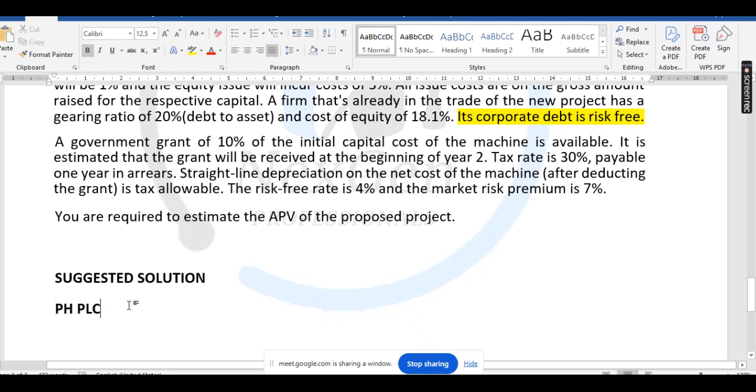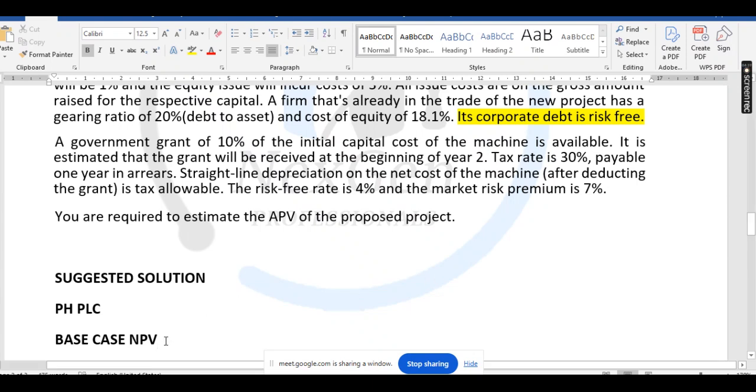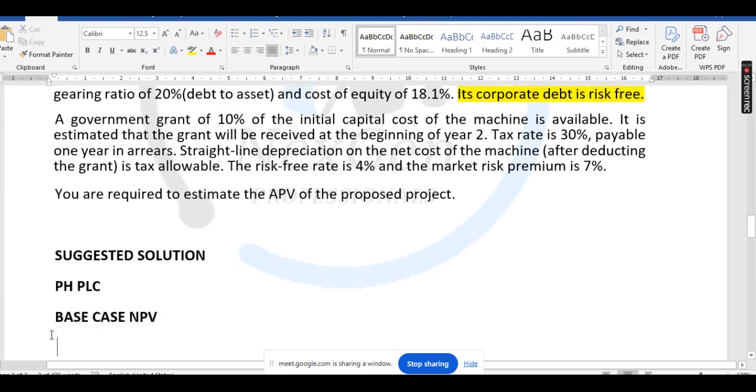Now, this is PH PLC. We have to determine the base case NPV first.